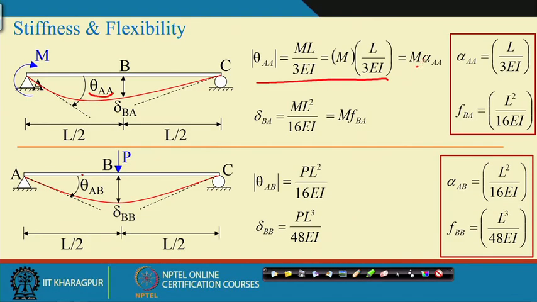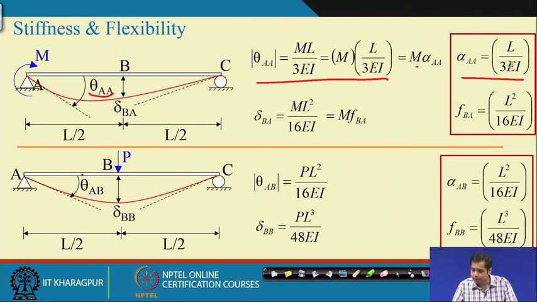For instance, when we take moment at A and rotation at A, your flexibility coefficient becomes this, and in a reverse way the stiffness coefficient becomes the inverse of this. When we take moment at A and displacement at B, your flexibility coefficient becomes this, or the stiffness becomes 1 by this. Similarly for this and this.